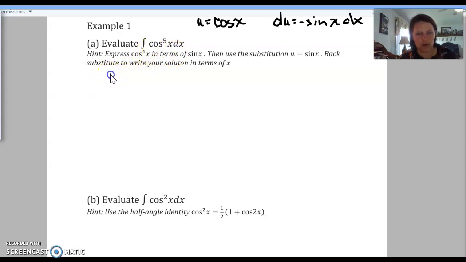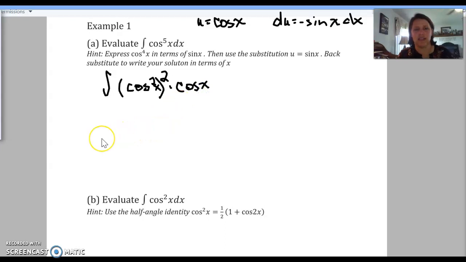We can rewrite this as cosine squared x, all squared. That gives me 4 cosines, so let's do times 1 more. So I'm just going to start breaking up these cosines in ways that I can go back and rewrite them using the formulas that we just looked at.